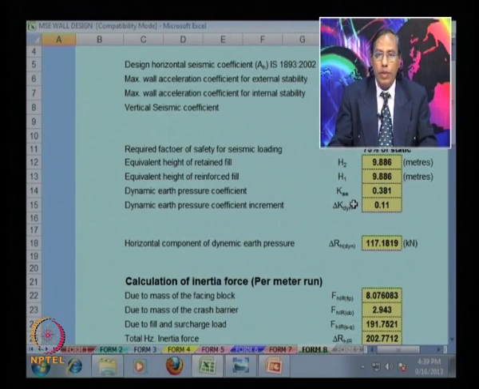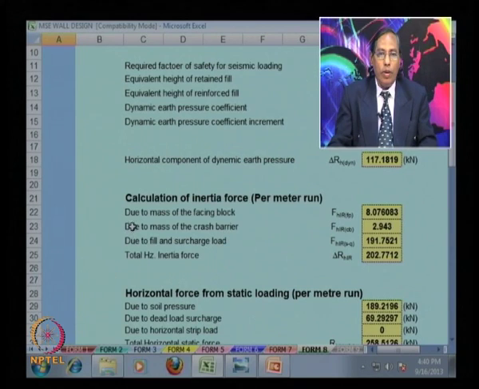Dynamic earth pressure coefficient KAE is 0.381, and the dynamic earth pressure coefficient increment, that is delta K dynamic, is equal to 0.11. Now the horizontal component of dynamic earth pressure, that is delta RH dynamic, is equal to 117.1819 kilonewton.